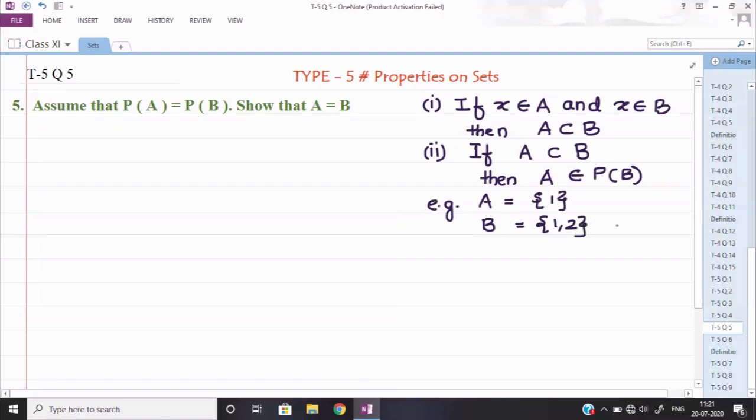Can we say that here A is a subset of B? Definitely, because all the elements of A lie in B.